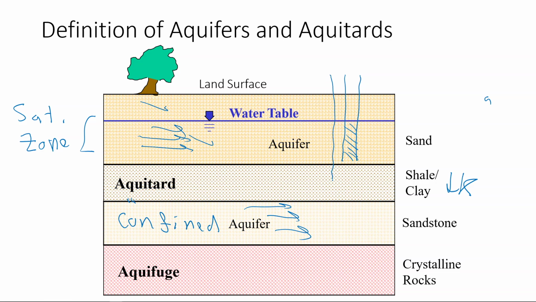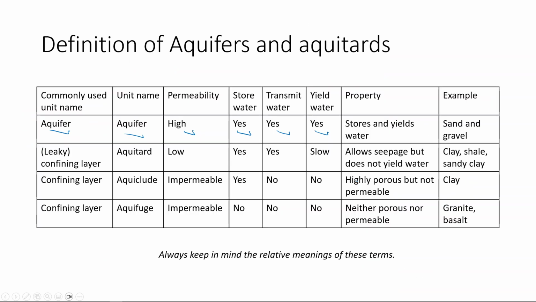You don't want your pumping well to be here, because this does not transmit or yield water at a significant level. So you want your pumping well to be here, not here. You can tap water from here, but here that will not yield much water.